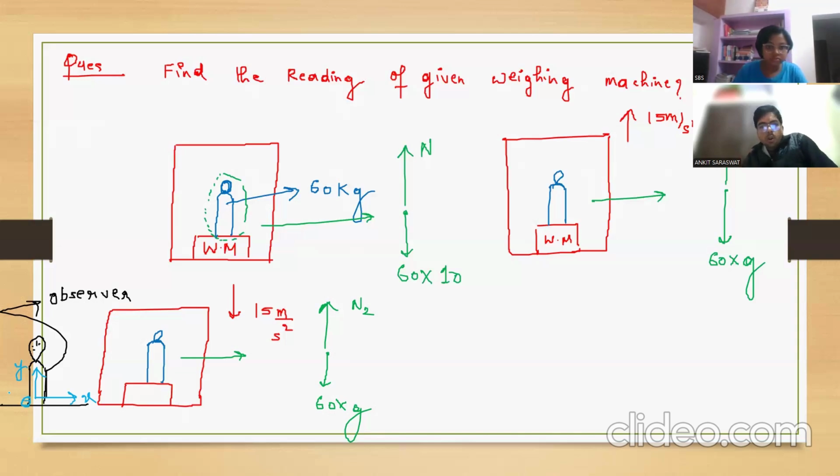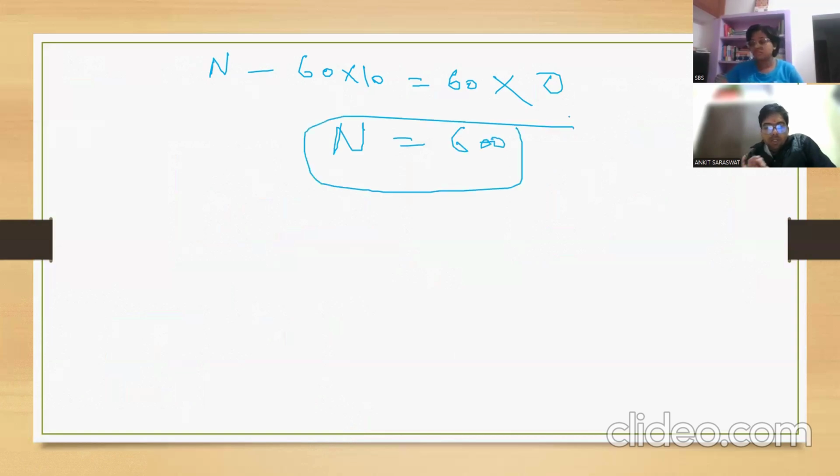Now see, in all the cases, find the normal. First case: what is the value of normal? Lift is at rest. Normal up, minus 60 g, equals mass of system into its acceleration. Lift is at rest, so how much is the normal reaction force? 600 Newton. Then my question is, is 600 Newton the correct answer? No. Then what is the reading?